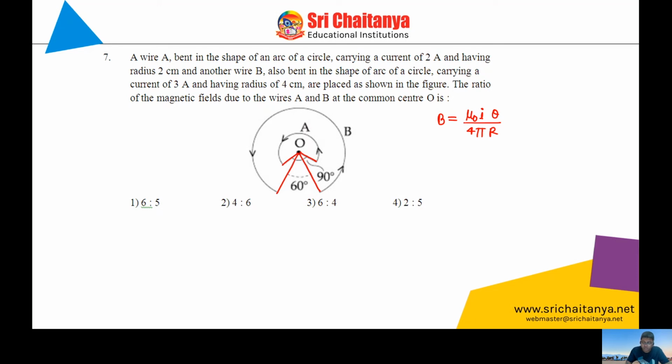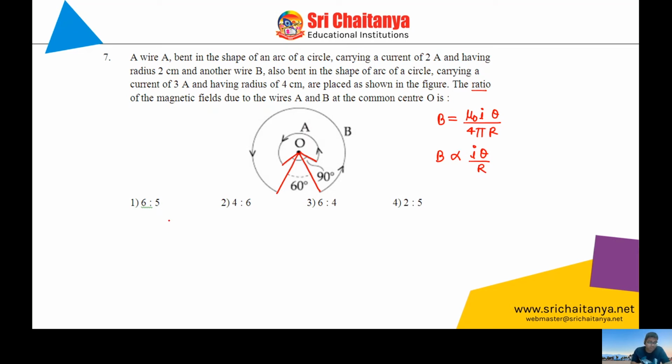So B is directly proportional to I theta upon R, because other terms are constant. We can utilize this fact because we are simply being asked the ratio of the magnetic field due to wire A and wire B.